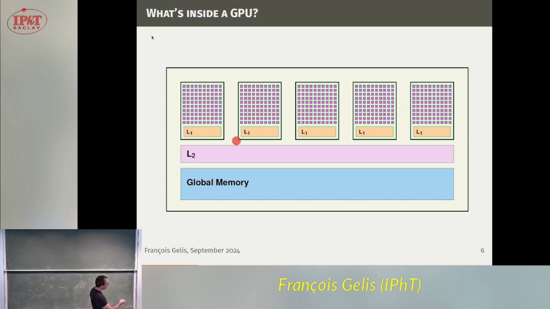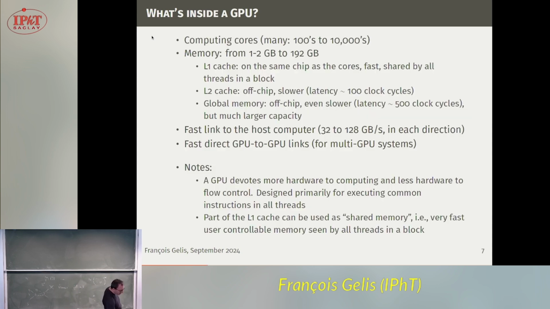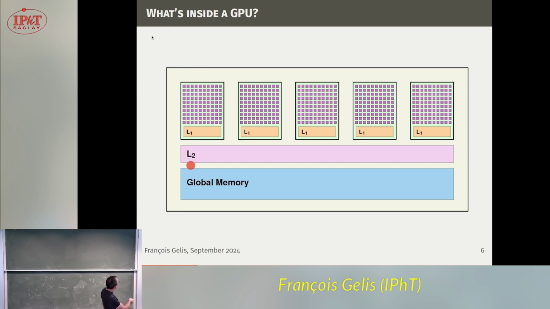So in fact, you can reconfigure a part of this cache as some kind of shared memory that you can explicitly write or read from. And this is used for communication between the threads that sit on the same of these subunits. And it's called shared memory. You cannot do that for the L2 cache. It's present on the GPU, but it's not something you can control yourself. So the hardware of the GPU is doing that under the scene.